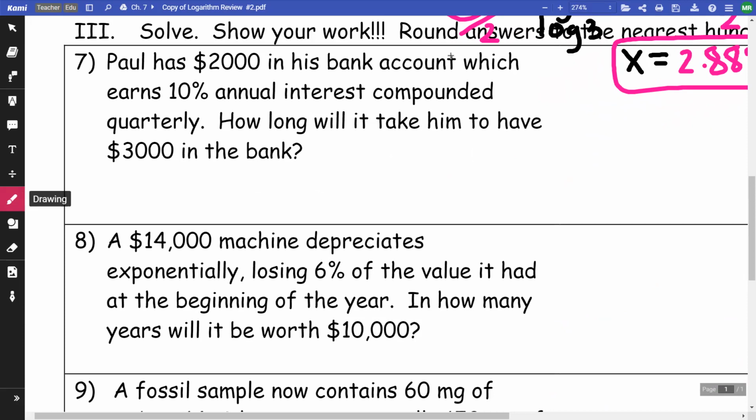So when we have compound interest and it's 10%, we have to look and see how it's compounded. It's compounded quarterly. That means I'm getting it 4 times a year. Now I'm not getting 10% 4 times a year. I'm getting 10% split into 4 equal increments.